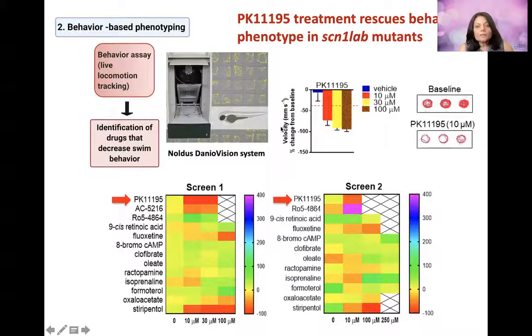Of note, we focused on PK11195, and in this assay any velocity lower than -40 is a positive hit. You can see a concentration-dependent inhibition of locomotion, or seizure-like swim behavior, by PK11195 in this assay.